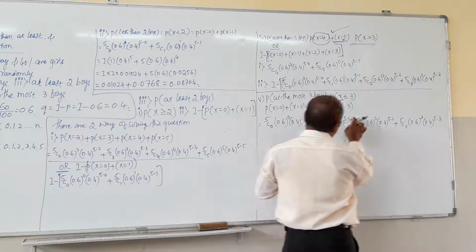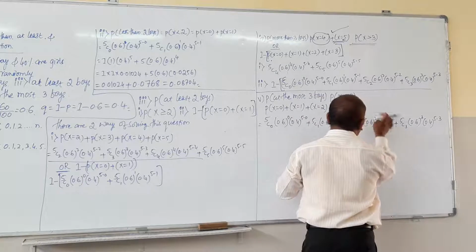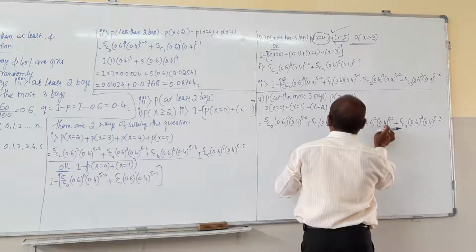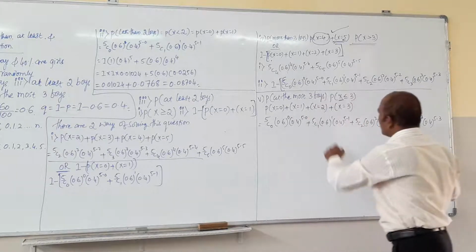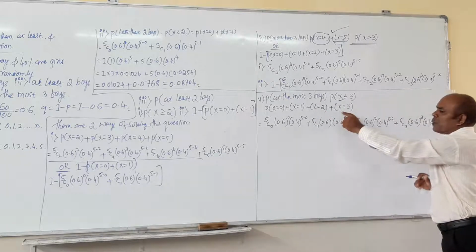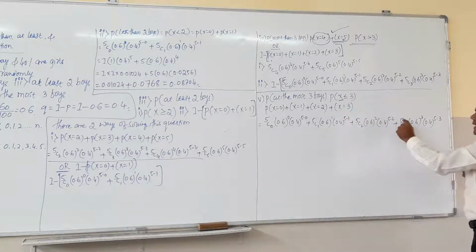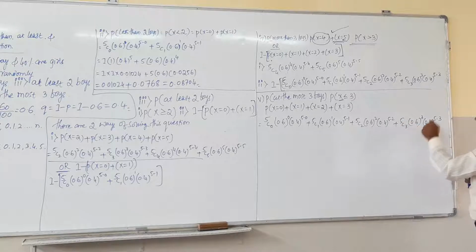Then 2, 5c2, then 0.6 raised to 2, then 0.4 raised to 5 minus 2, then 2 is over now. Then we have to put x equal to 3. Then 5c3, 0.6 raised to 3, then 0.4 raised to 5 minus 3.